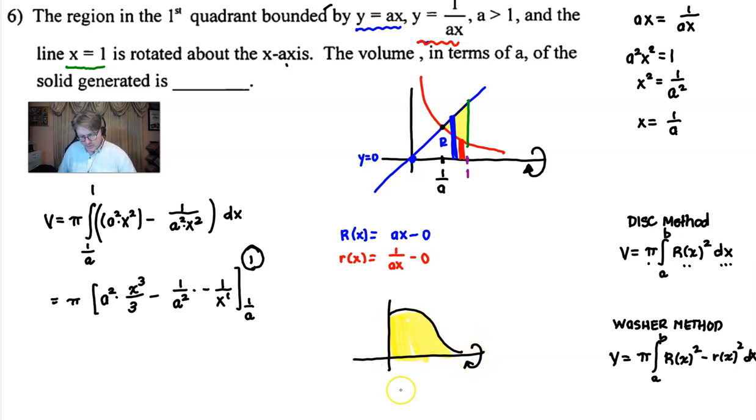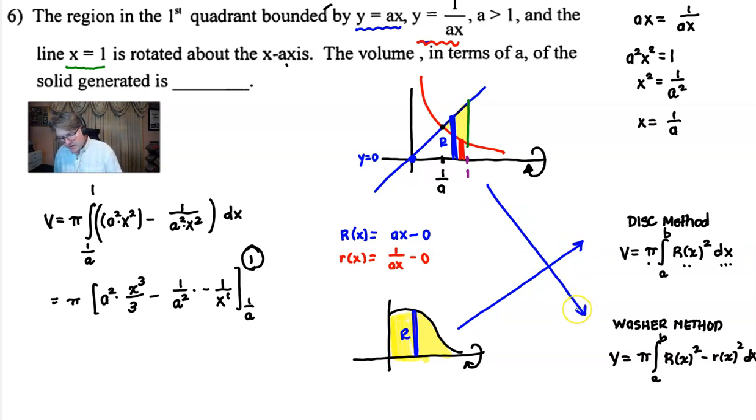I want you to know that whenever that happens, there is no washer. You only have a disk method, because when you draw that one representative rectangle from the axis of rotation, it never goes through any white space like we're seeing up here. And so that would use the disk method formula, where this is capital R, and of course this one we already said is the washer.